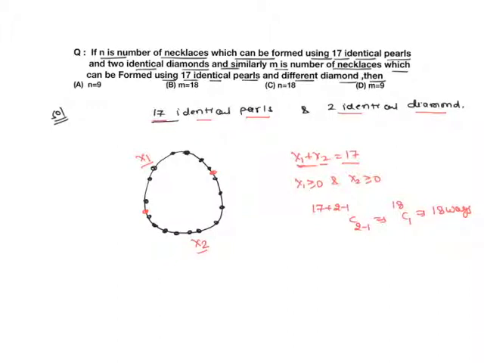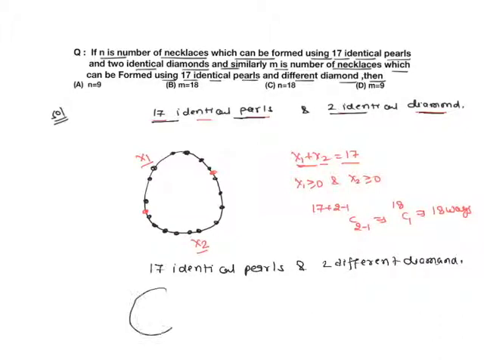Now if we have 17 identical pearls and 2 different diamonds, so total number of ways, here we have 17 identical pearls.